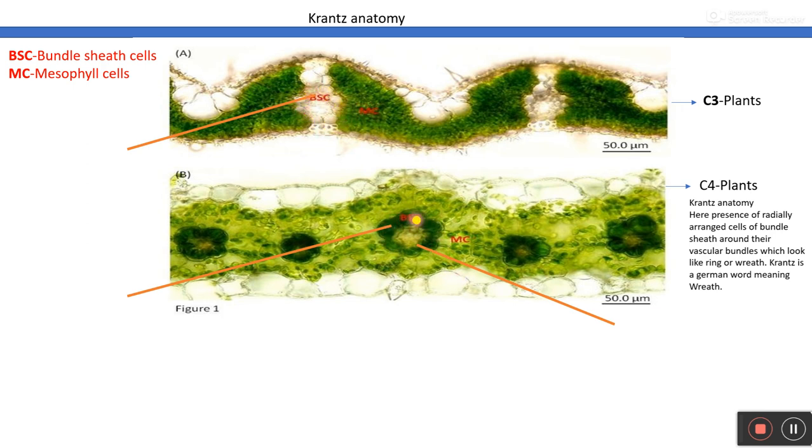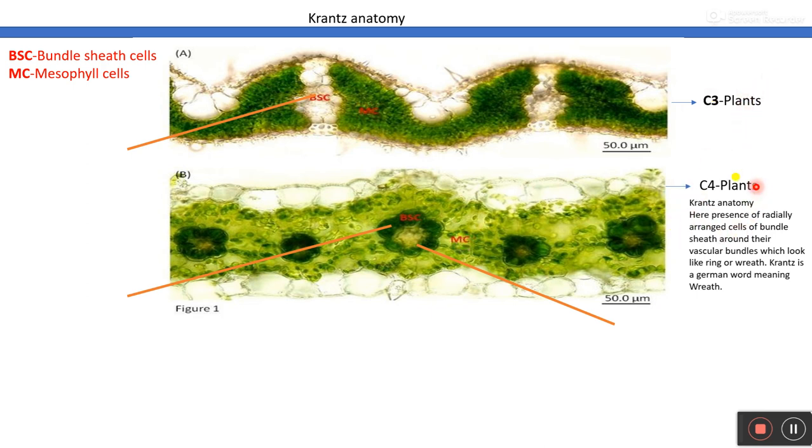In both C3 plants and C4 plants it is known as the bundle sheath cell, and the smaller cells which enclose these bundle sheath cells are known as mesophyll cells. Now I would like to discuss the main differences in leaf anatomy between C3 plants and C4 plants.